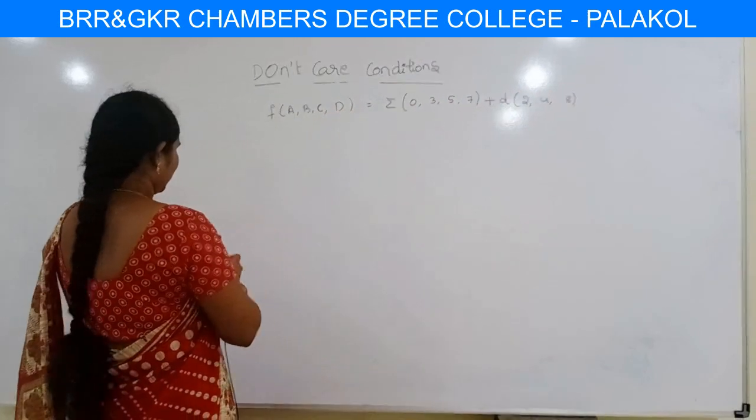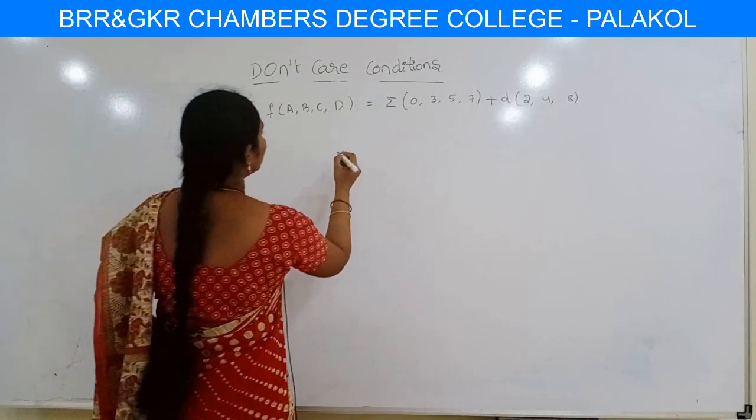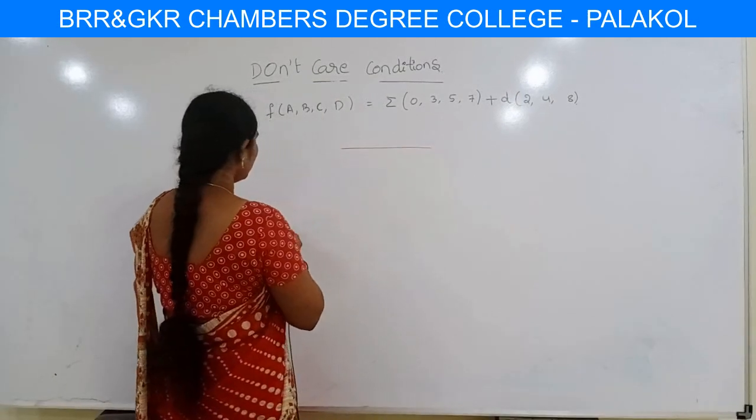Now I will draw the 4 variable K-map here.